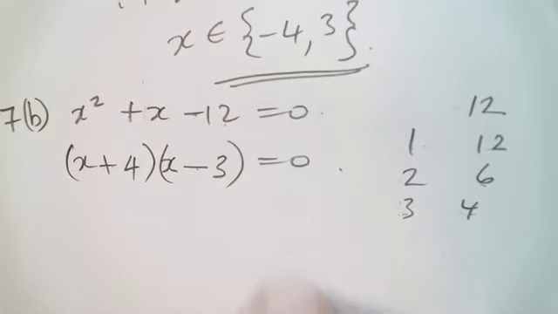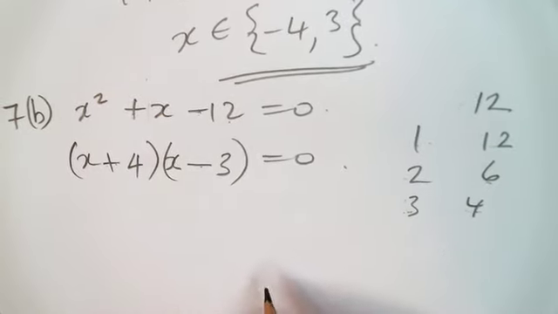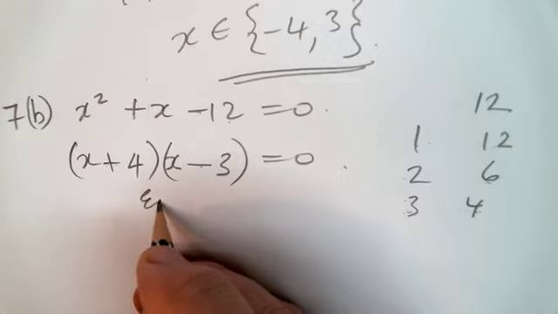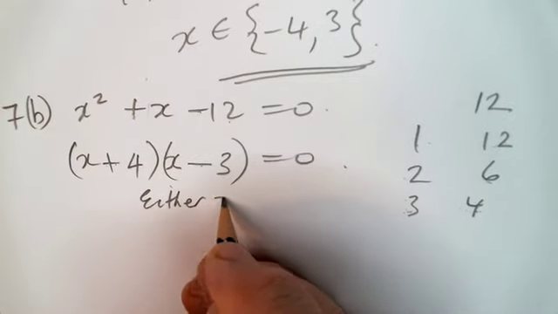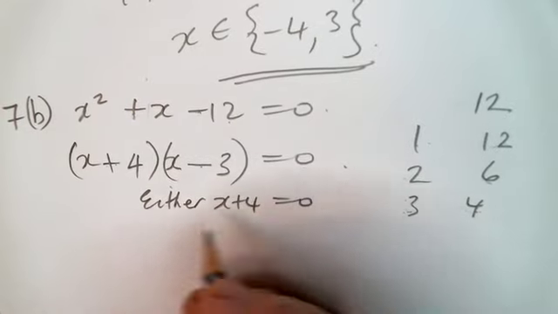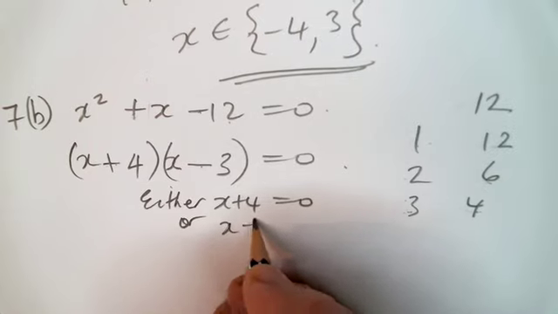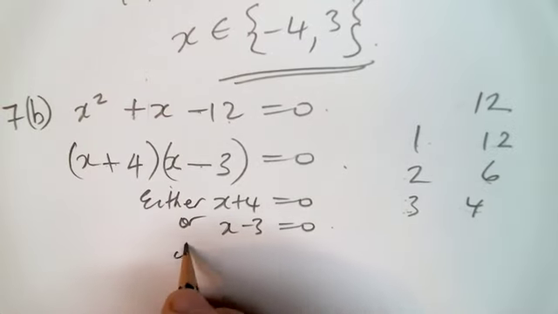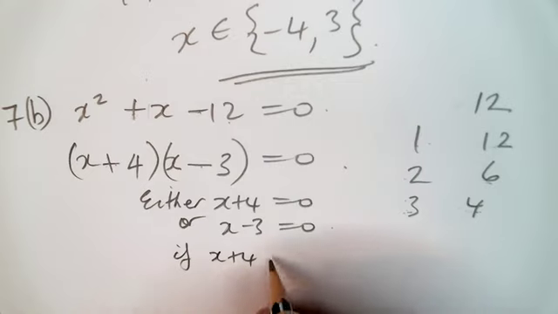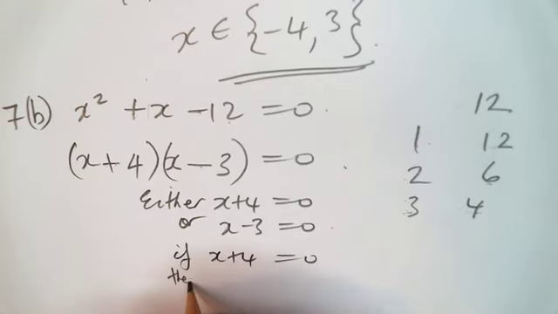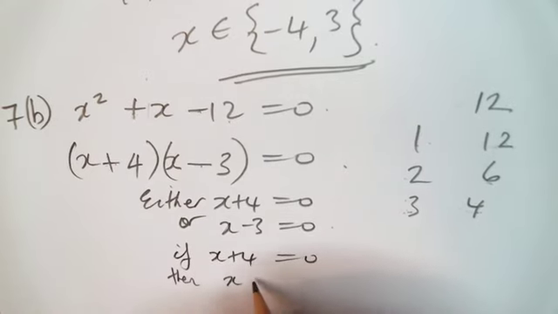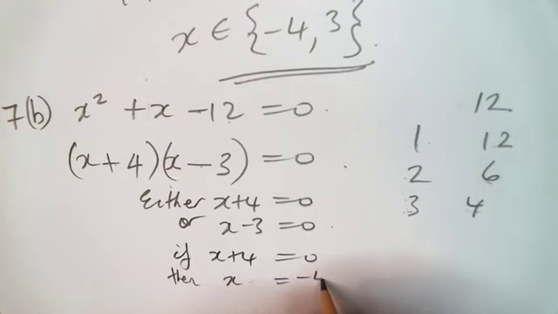Now, I can then go ahead and I can solve. So I can say either x plus 4 is 0 or x minus 3 is 0. Now, if, of course, x plus 4 equals 0, then x is equal to negative 4.